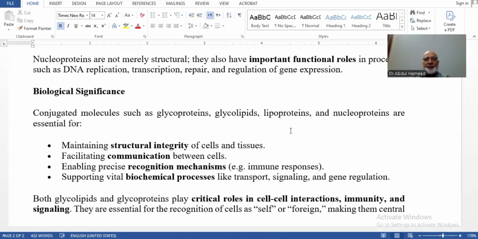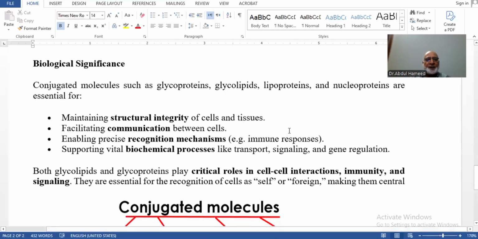Glycoproteins, glycolipids, lipoproteins, and nucleoproteins are essential to maintain the structural integrity of cells and tissues, facilitating communication between cells, enabling precise recognition mechanisms in immune response, and supporting vital biological processes like transport, signaling, and gene regulation.